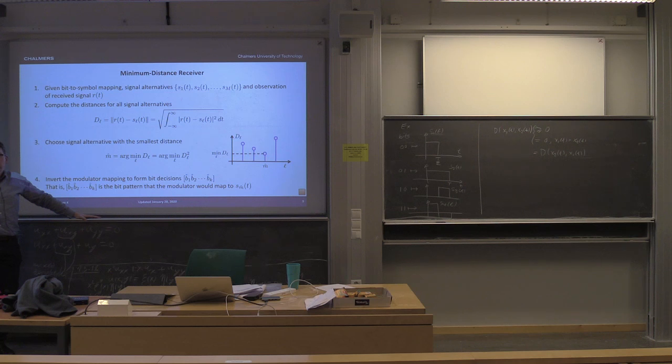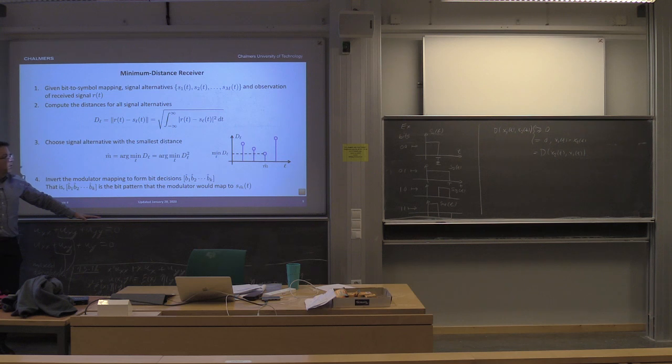Well, let's pick the signal that's closest to the received signal. Right? That seems to be most similar to what we've seen, right? We saw a distorted version of what was transmitted. We compute the distances to all possible things that were transmitted. And then we pick our choice. We choose the one which is closest to what we've seen.